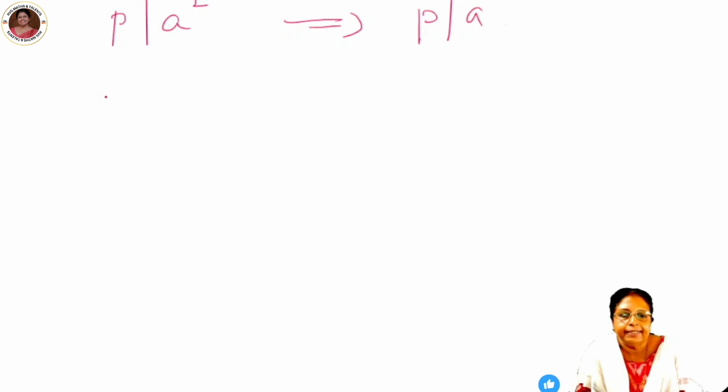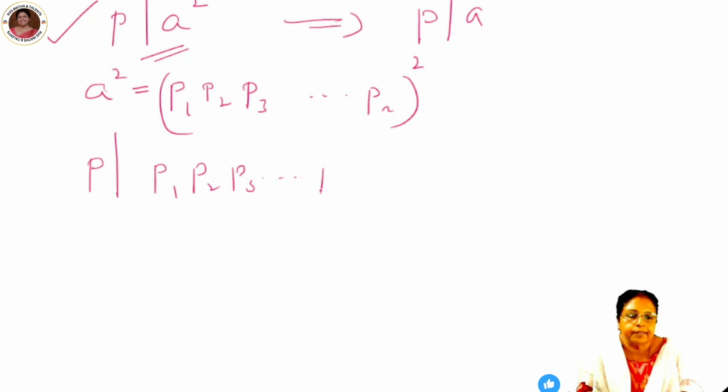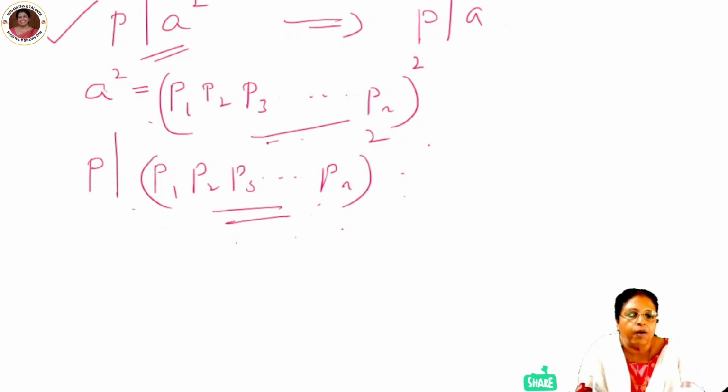Here we have seen that a square is (p1 p2 p3 ... pn) whole square. Then we are given in the theorem that p divides a square. That means p divides this (p1 p2 p3 ... pn) whole square. And we know all these are prime factors. By the uniqueness in the fundamental theorem, we can say a square can be factorized only in this way.